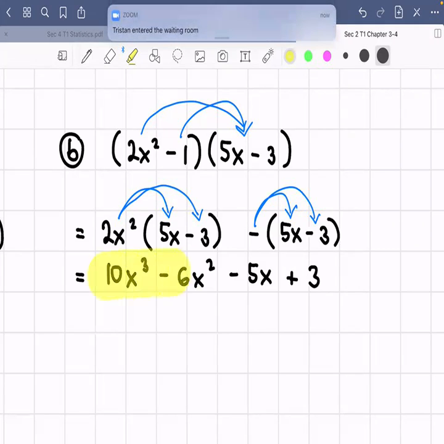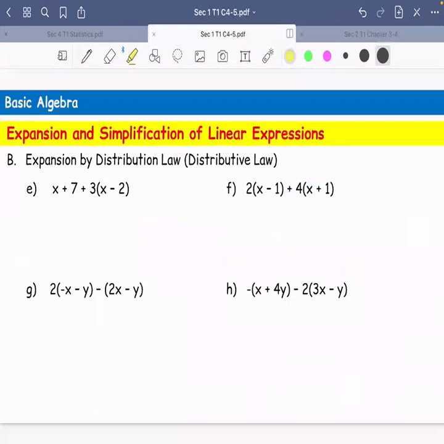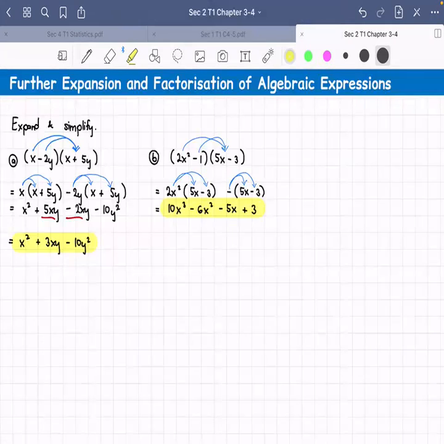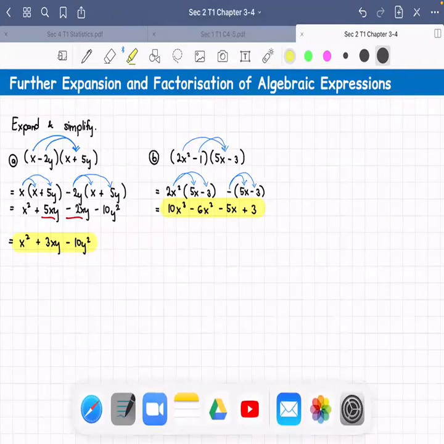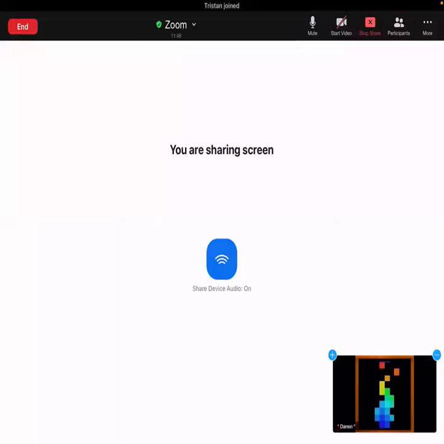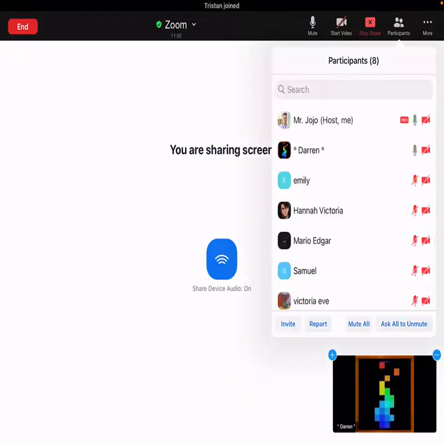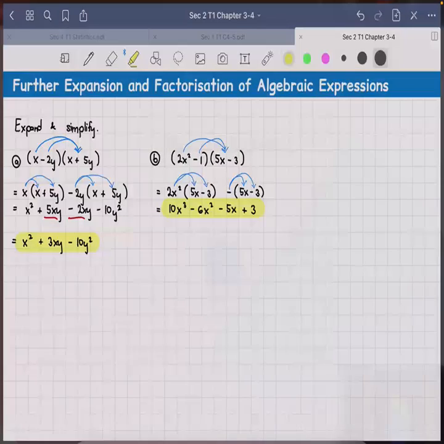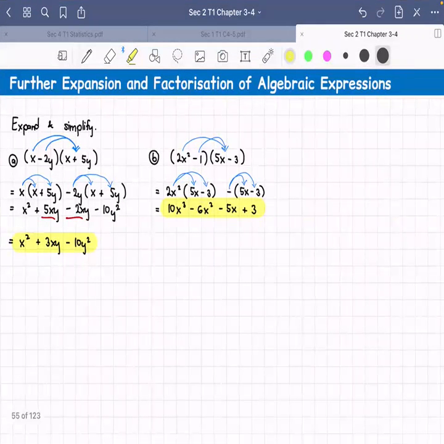That means this is our final answer, since we cannot simplify it further. So no question, class? You got the gist of the topic today.